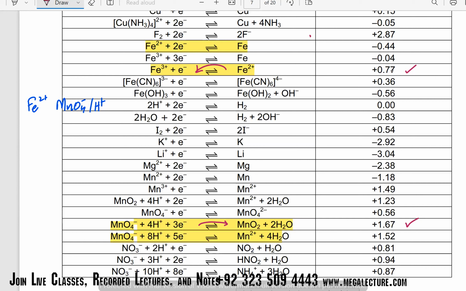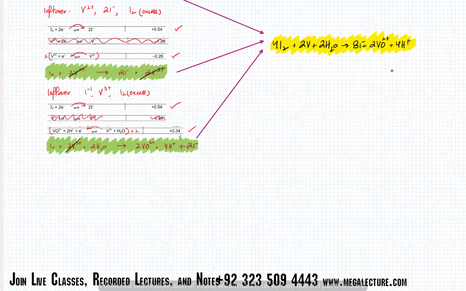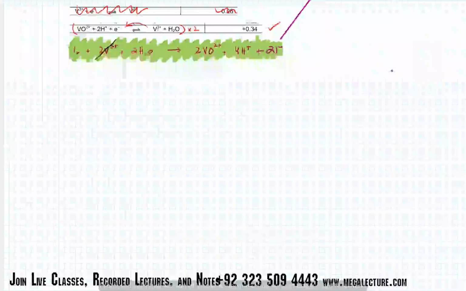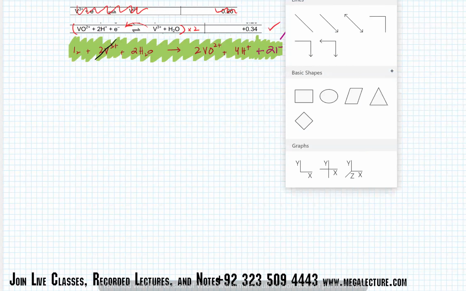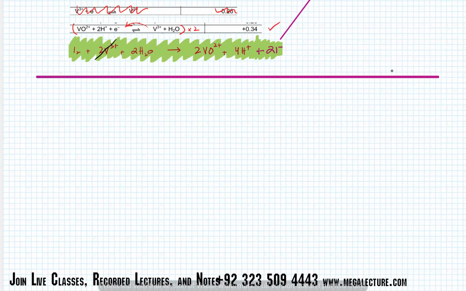ठीक है, इसको लिख भी लेते हैं कि इसका क्या होगा कि so I'm going to get, I mean, if I write the first reaction, okay, let's do it over here. अच्छा, MnO4 minus 1 acidified.